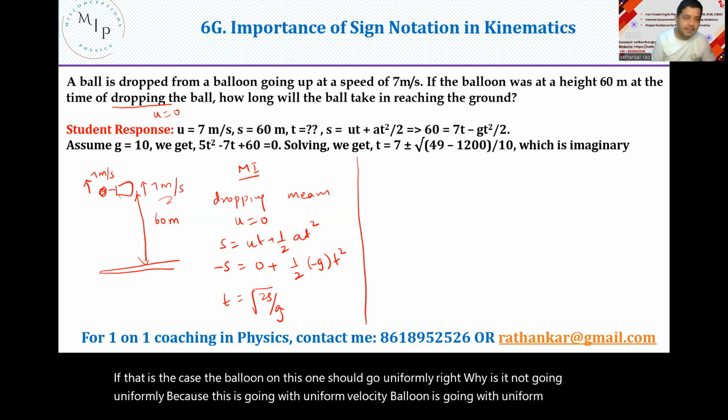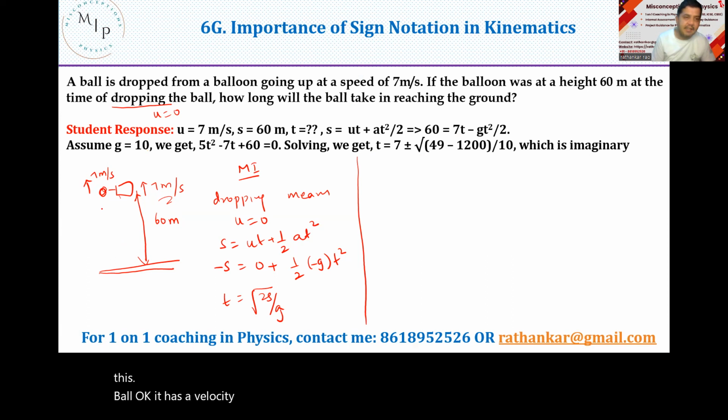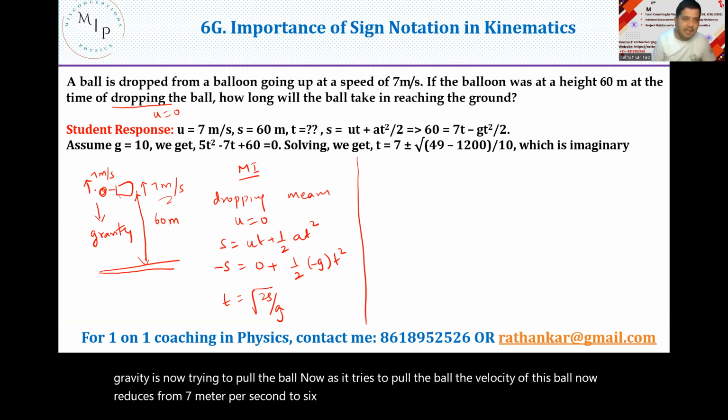While this ball has a velocity of 7 meters per second, there is a culprit here. Who is that? Gravity. This gravity is now trying to pull the ball. As it tries to pull the ball, the velocity of this ball reduces from 7 meters per second to 6, 5, 4, 3, 2, 1, and finally 0.